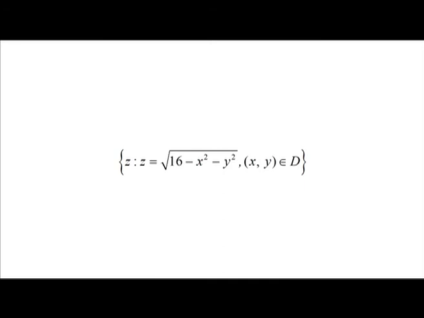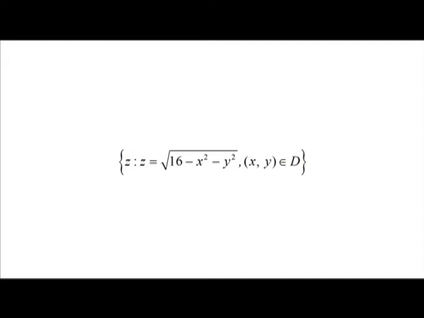Now, the range of f is the set of all z such that z = √(16 − x² − y²), where (x, y) belongs to D. Being a positive square root, the possible values of z are always positive real numbers, so that z ≥ 0.